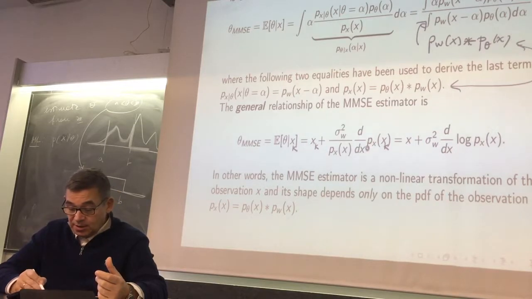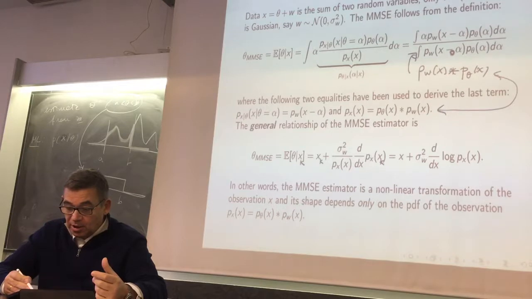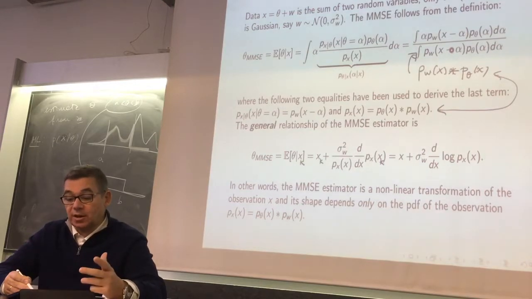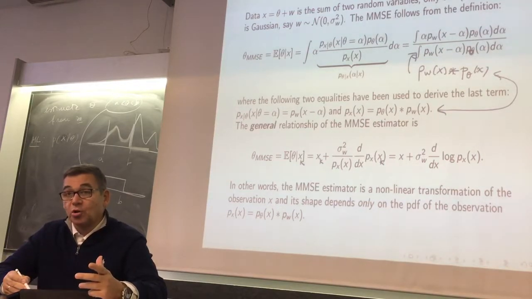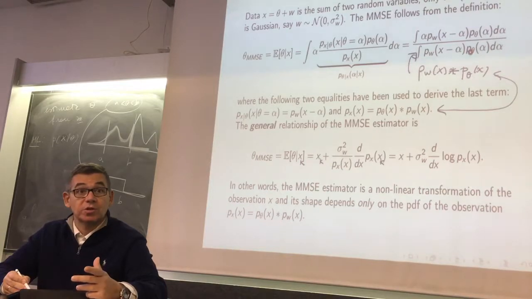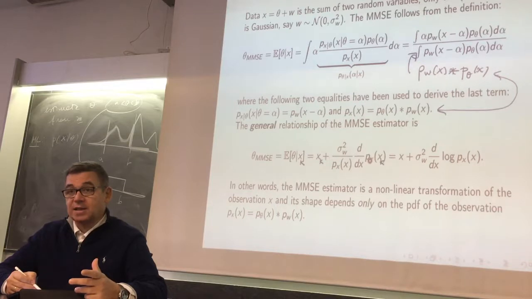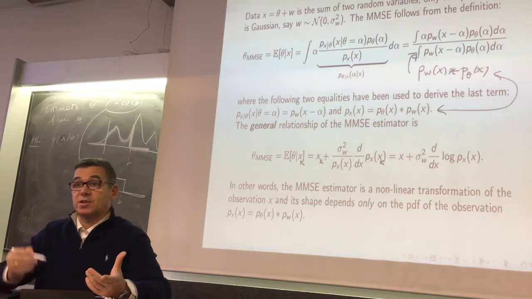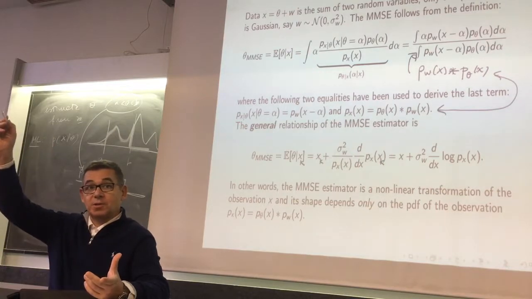Now, since this probability density function of x is obtained by compounding a Gaussian with a non-Gaussian, the overall is non-Gaussian. If this px is Gaussian, then it's an exponential of minus x squared.